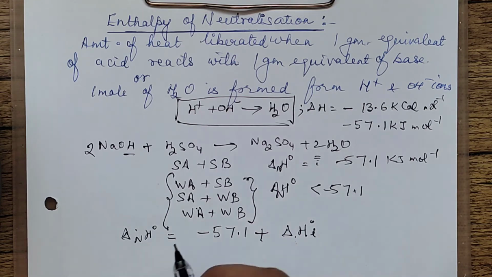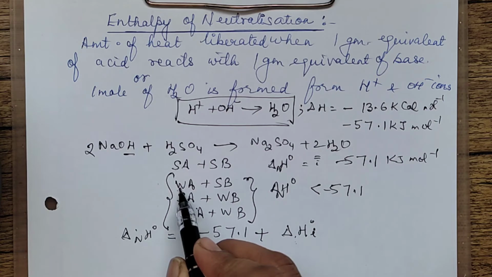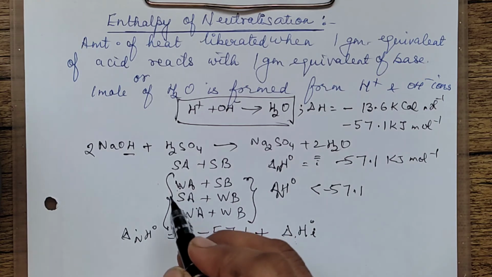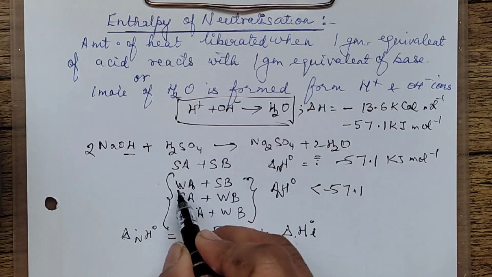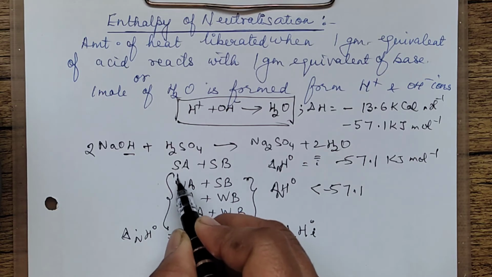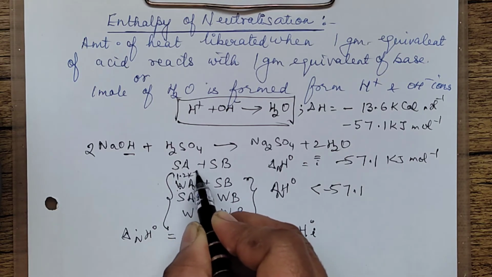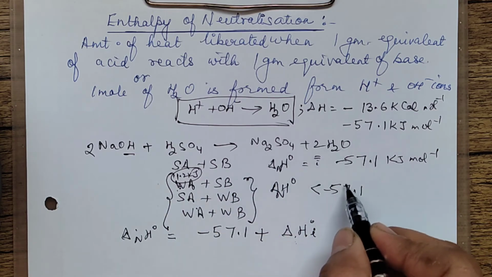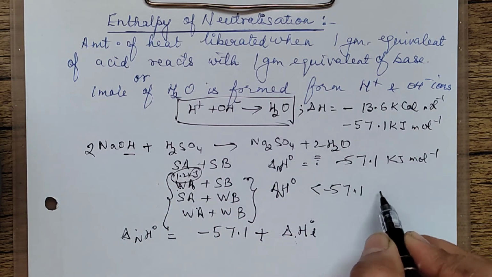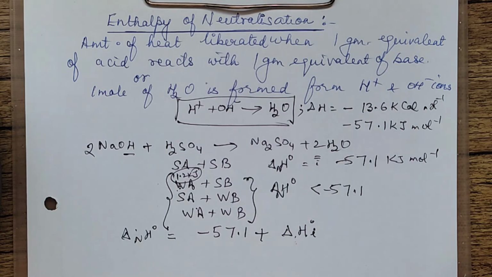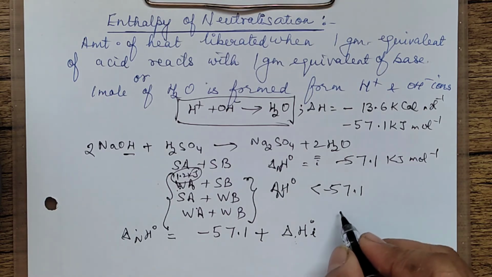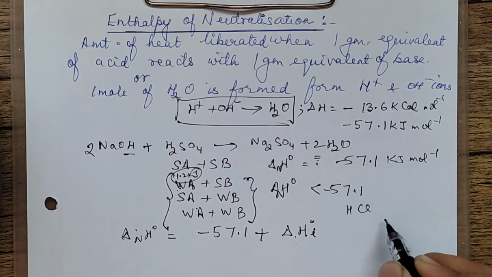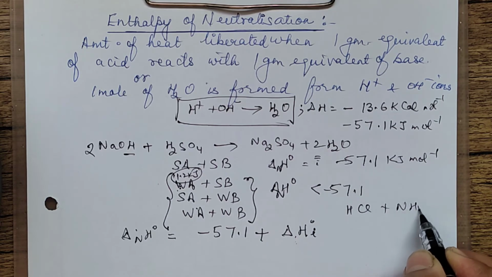For example, I say for weak acid, for the first example, if I say the enthalpy of ionization for the weak acid is 1.2 kilojoules. What will be the enthalpy of neutralization for this acid? Minus 57.1 plus 1.2. If I take another example, say strong acid HCl and I am taking weak base ammonium hydroxide.